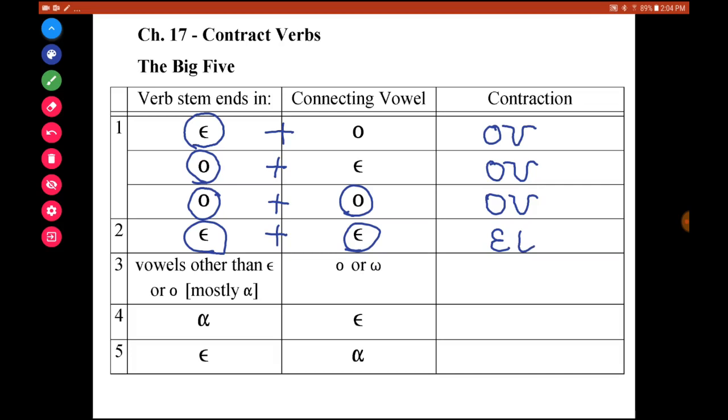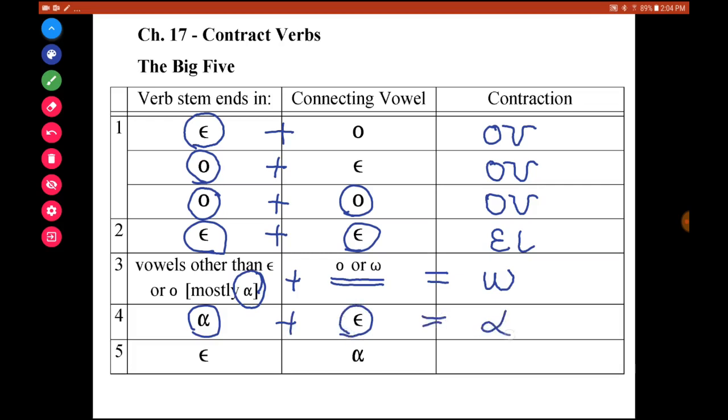The third rule is that vowels other than epsilon or omicron, so basically the vowel alpha, whenever alpha is combined with an O sounding letter, whether it's the omicron or omega, alpha plus an O sounding vowel becomes omega. So it contracts together to become omega. An alpha plus an epsilon becomes an alpha.